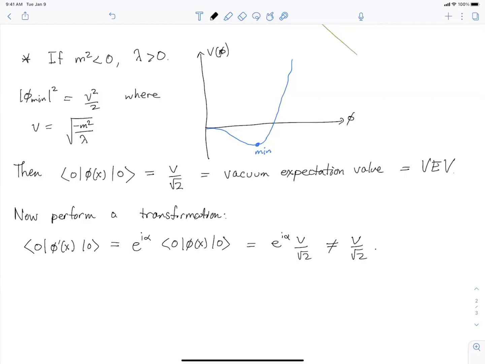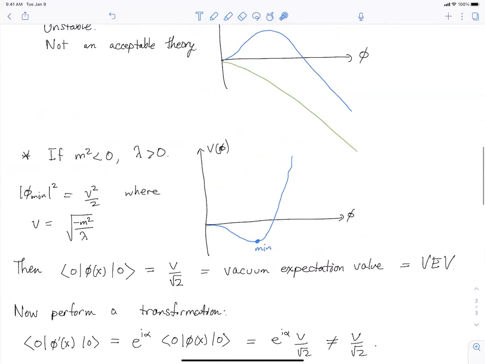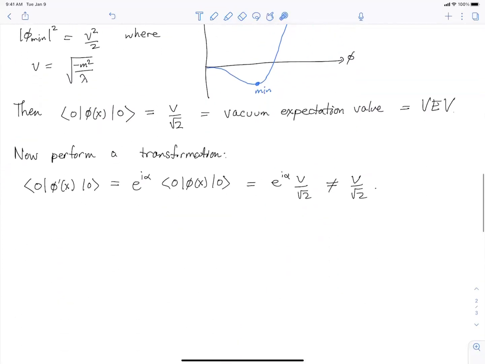Unless, of course, v was 0. That's this case way back up here. Okay, so as long as v is not 0, our vacuum state is not invariant under the symmetry, even though the Lagrangian that gave rise to it was invariant under the symmetry.